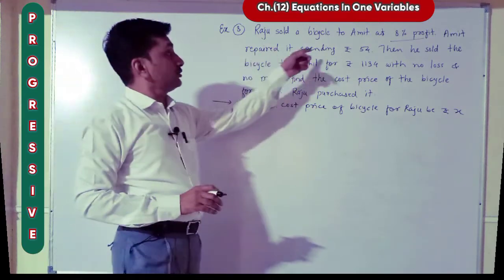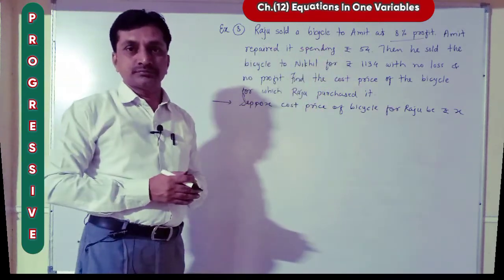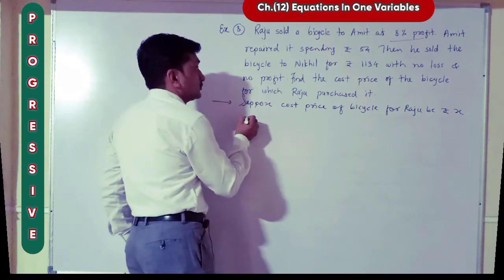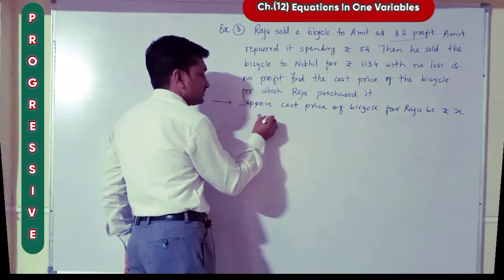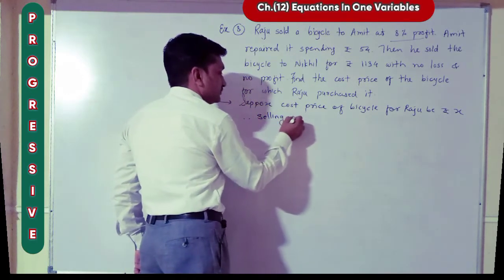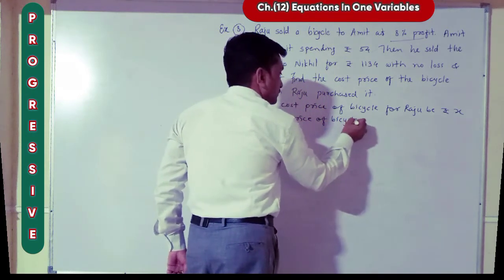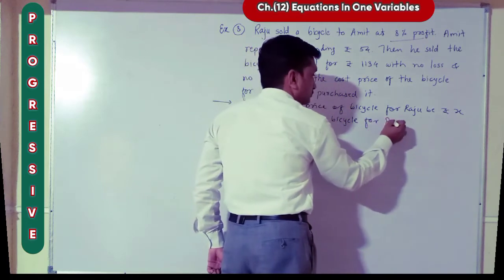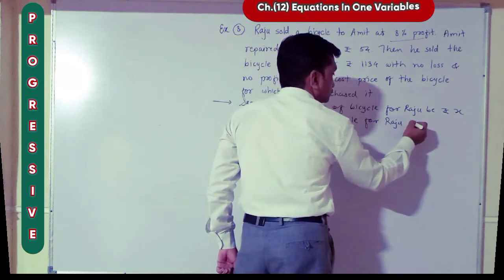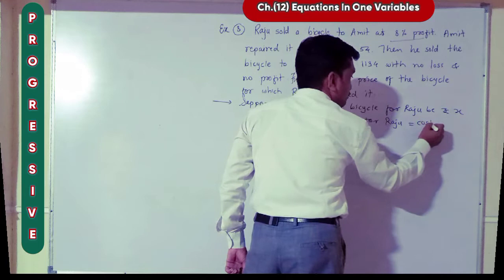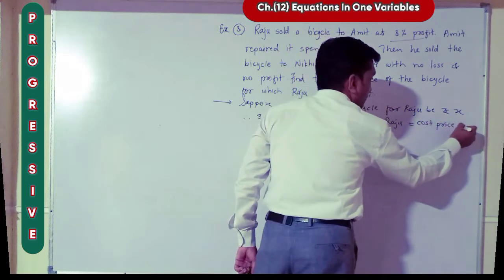Now Raju sold at 8% profit. Then what will be the selling price? Selling price of the bicycle for Raju is equal to cost price plus profit.